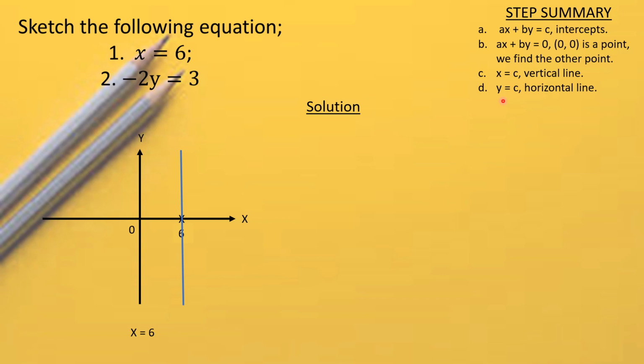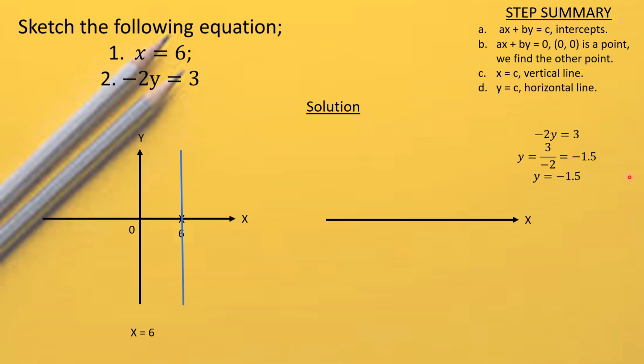But observe that y is standing alone, or we can say y is the subject of the formula. So the first thing to do is to make y the subject of the formula. We have minus 2y equals 3. We divide both sides by minus 2. Then we have 3 over minus 2, which is as good as y equals minus 1.5.